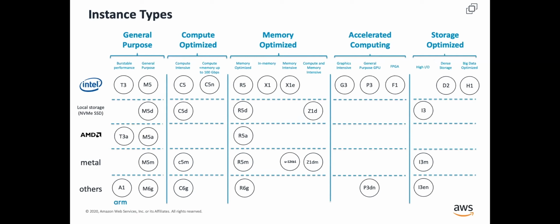Then you have memory, R, X, Z. You have G for accelerated computing. If you look at it, P is GPU and F is FPGA. And you have storage optimized, mainly for some databases and dense storage, big data optimization types.